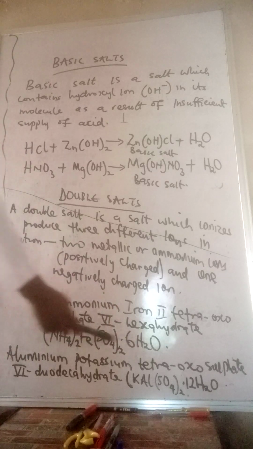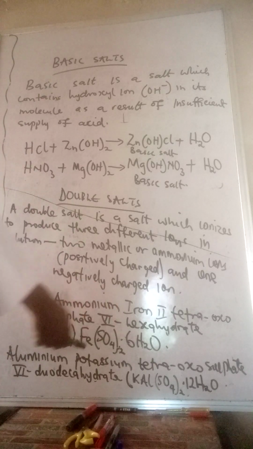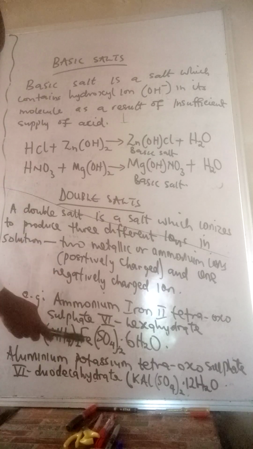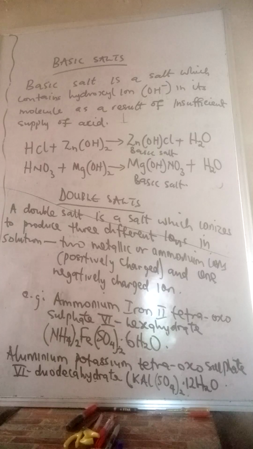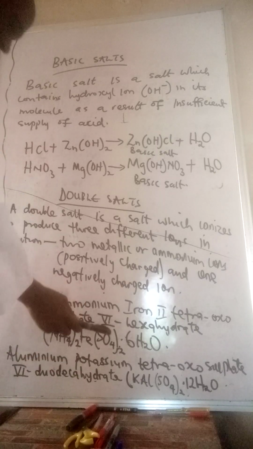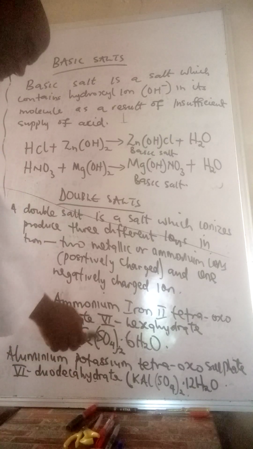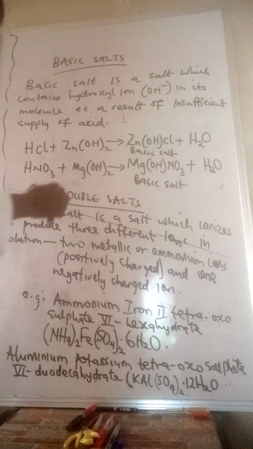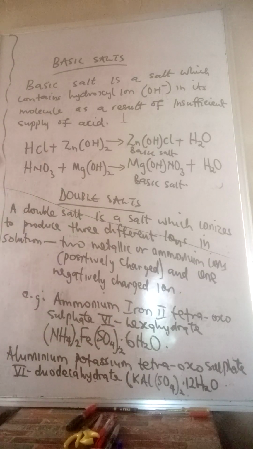Now, if this one ionizes in solution, ammonium ion, which is positively charged, will be formed. Iron 2 ion will be formed, which is positively charged, making 2. Then tetraoxosulfate 6 ion, which is SO4 2 minus, will also be formed.